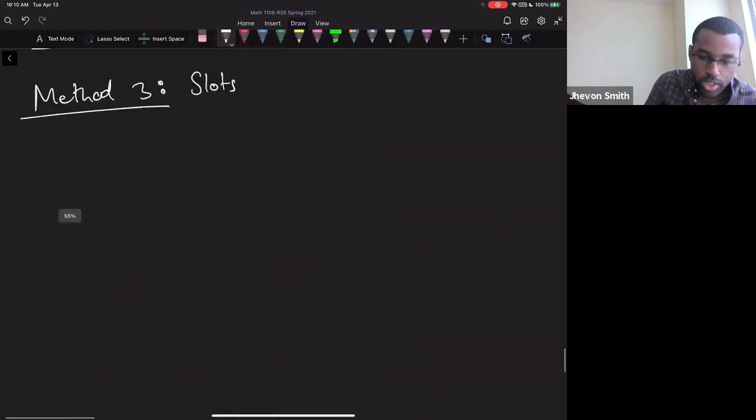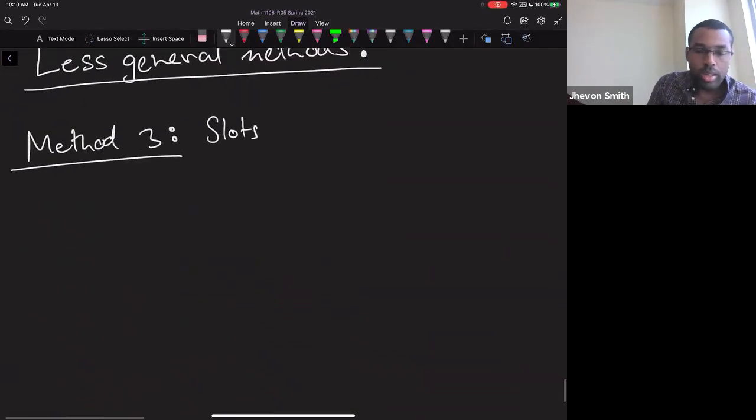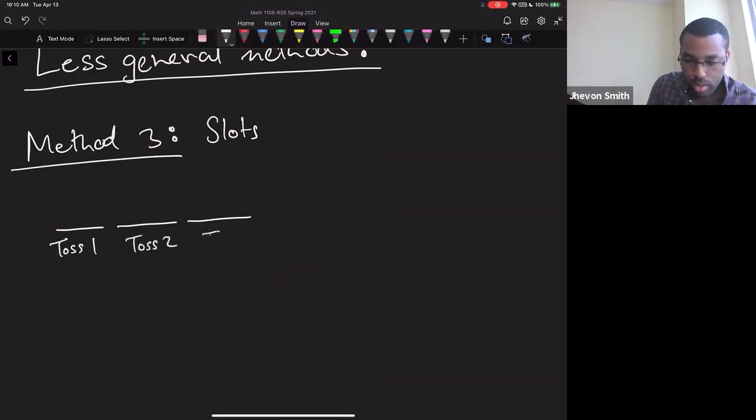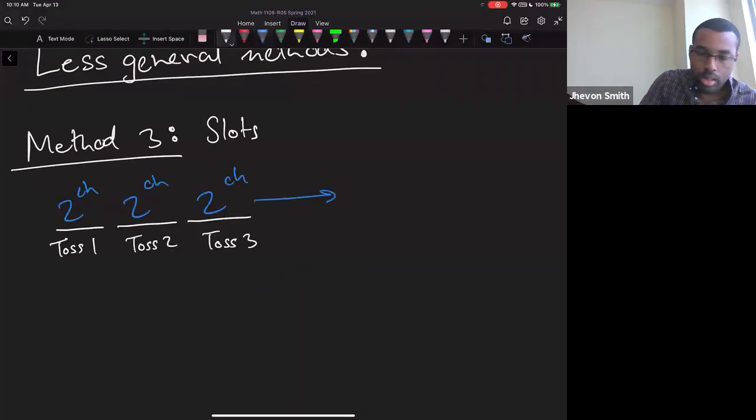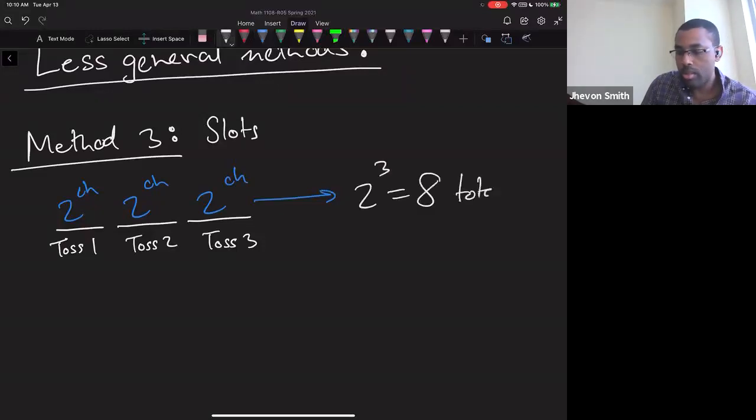So at first, we do want the total possibilities, right? So we know that toss 1, toss 2, toss 3. I know I have 2 choices here, 2 choices here, 2 choices here. This leads to 2 cubed equals 8 total choices.